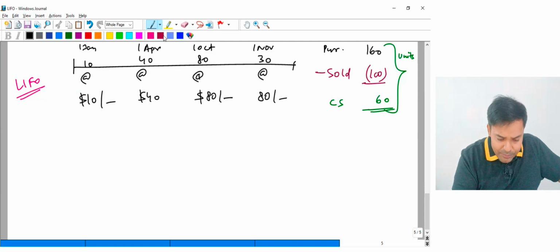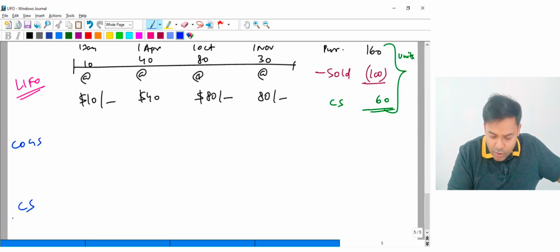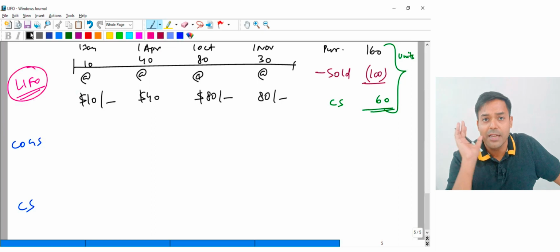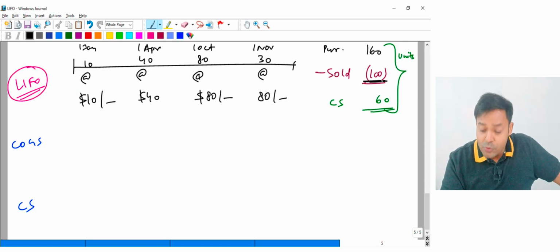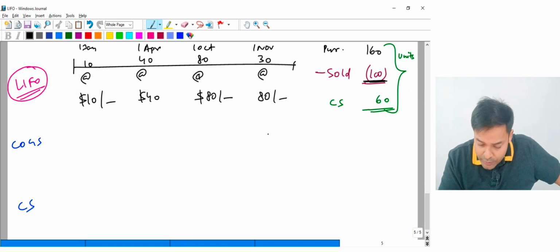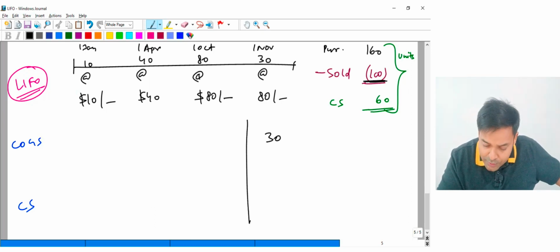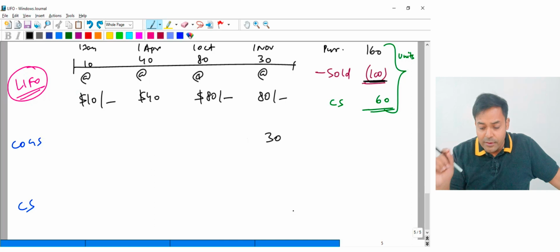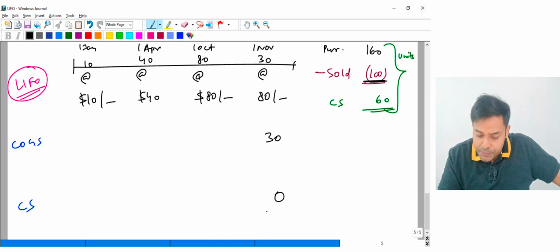But we need to calculate under LIFO the monetary value in dollars or rupees. So again, we break it into COGS and closing stock. It's LIFO, last in, first out. So whatever you sold, 100 units, first it will go from 1st of November. So it will be 30 here. Just look at 1st of November. 30 has gone. What is closing stock? Nothing, 0.